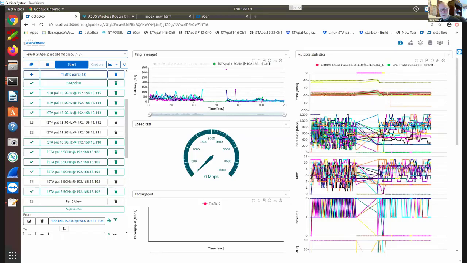Switching OFDMA on has the effect of effectively bringing order to the network, kind of scheduling in a way, and really neatens up a lot of the activity. It's much less chaotic.